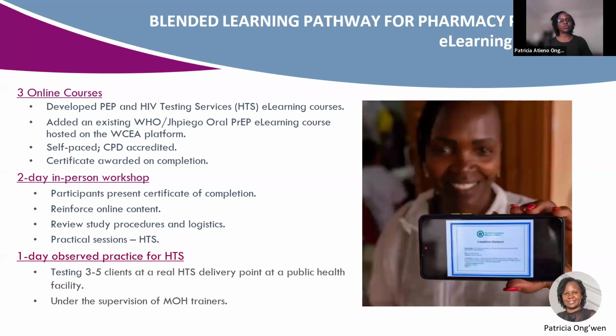Upon completion of this 2-day workshop, which we did initially, for the other participants that we onboarded later, these workshops were done on the job at their place of work. This was followed by a 1-day observed practice where each participant was required to test 3 clients at a real HIV testing service delivery point in a public health facility under the supervision of Ministry of Health trainers.